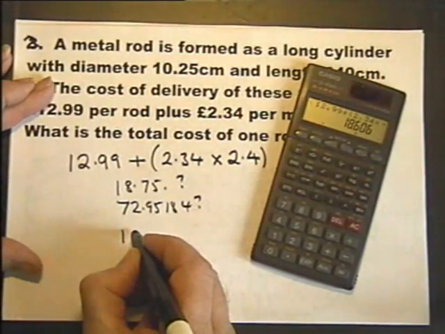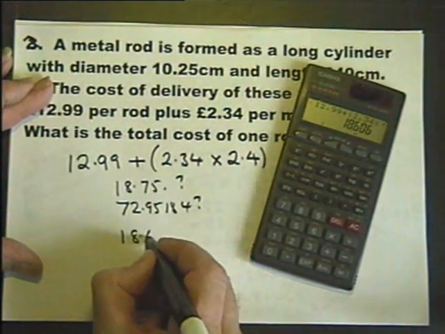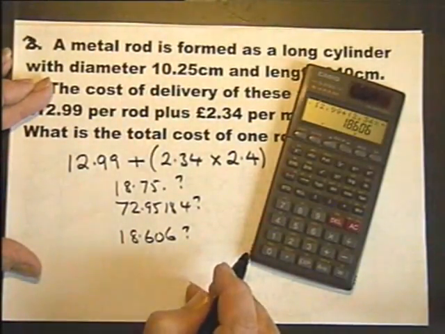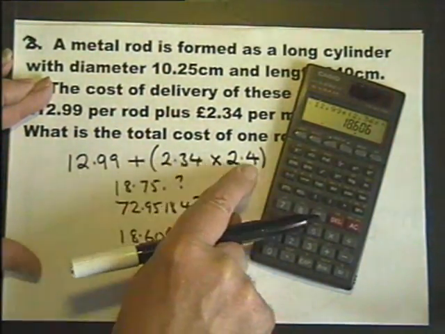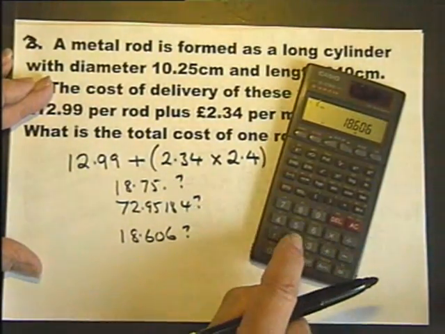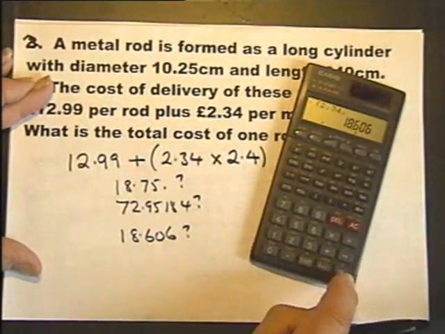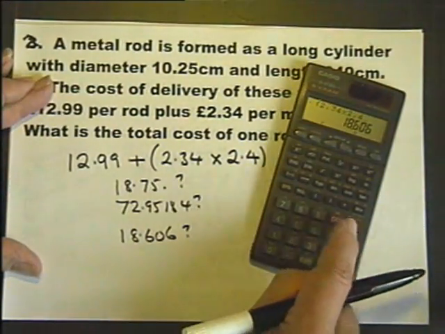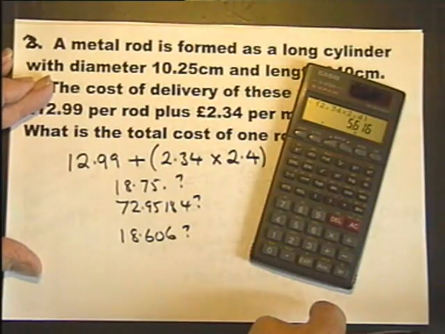And actually I've got a third different answer, which I really am beginning to panic about. So let's type it in again, doing that bit first. 2.34 multiplied by 2.4 close brackets equals.